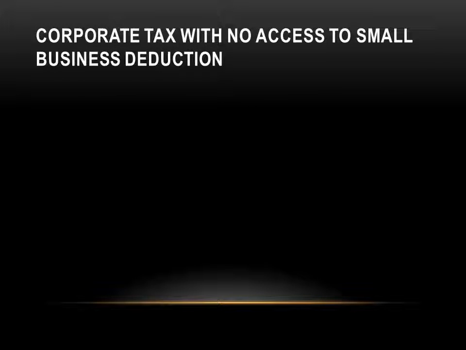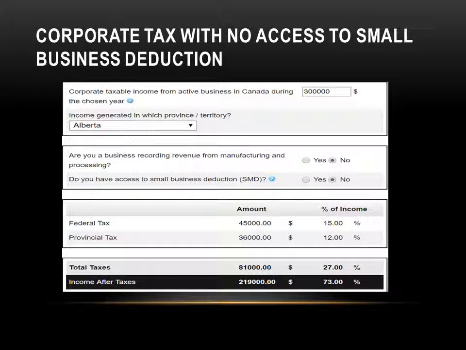Next, we have a simple sample computation for corporate tax. For example, the corporation has a total income of $300,000 operating in Canada. If they are not registered for the small business deduction, their rate is 15% for federal, which is 45,000, and a provincial tax of 12%, which is 36,000.